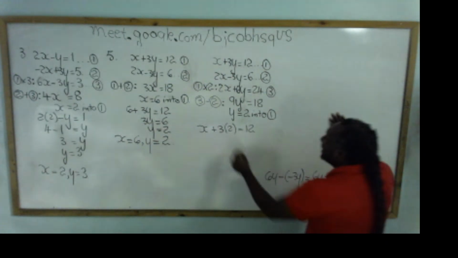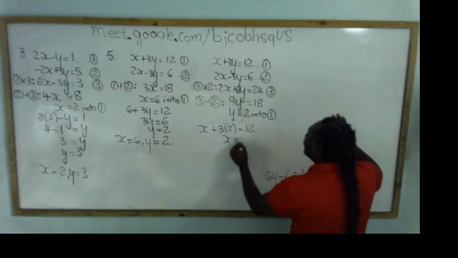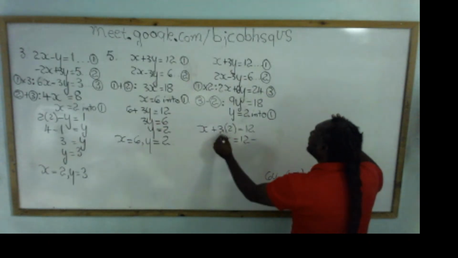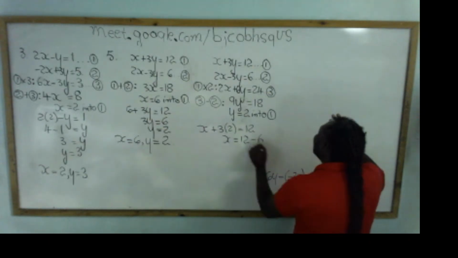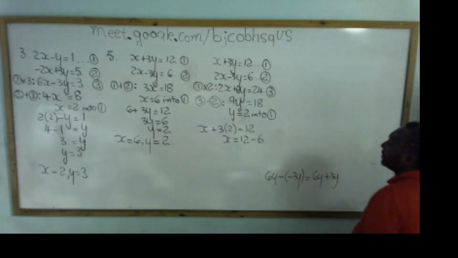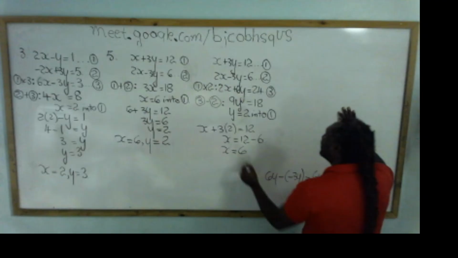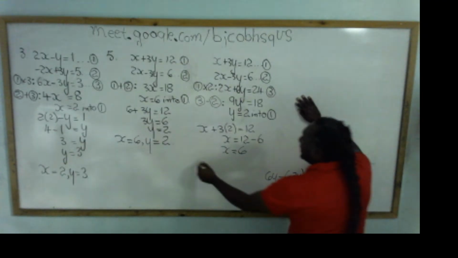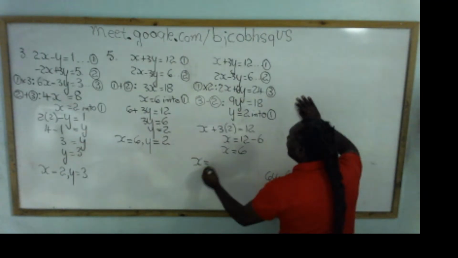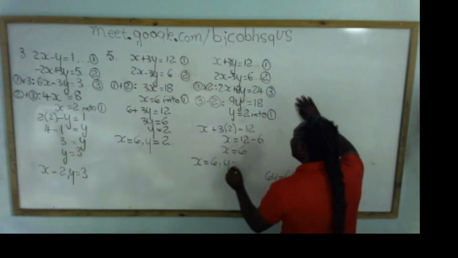And we can see that x is equal to 12 minus whatever 3 2's will be. So again, x is equal to 6. What do we say then? x is equal to 6, y is equal to 2.